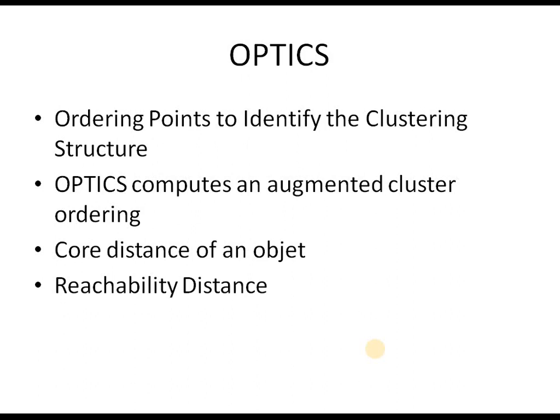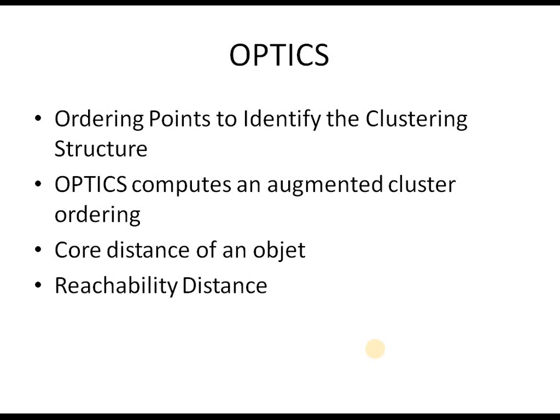Actually, this is the problem associated with many other clustering algorithms. Such parameter settings are usually empirically set and difficult to determine, especially for real-world high-dimensional data sets. Most algorithms are very sensitive to such parameter values. Slightly different settings may lead to very different clusterings of data.